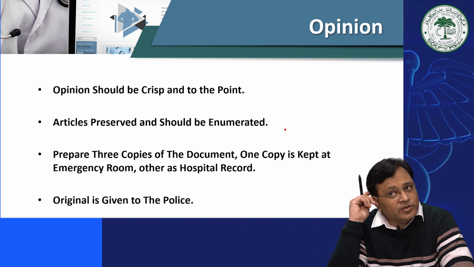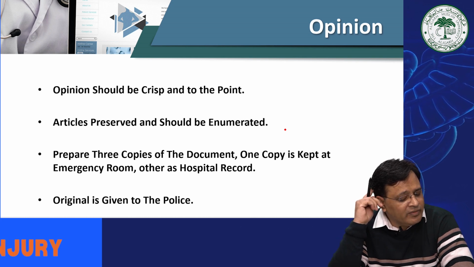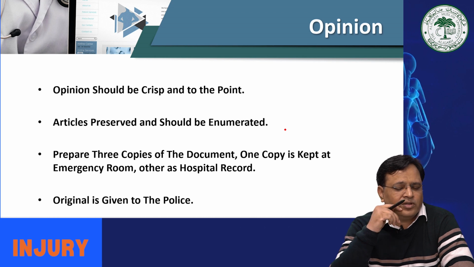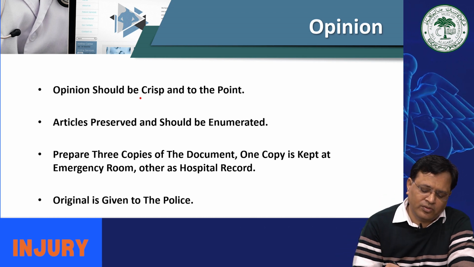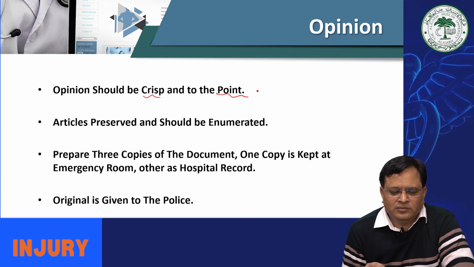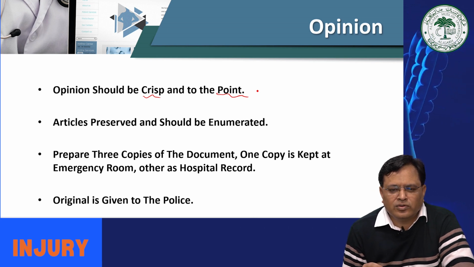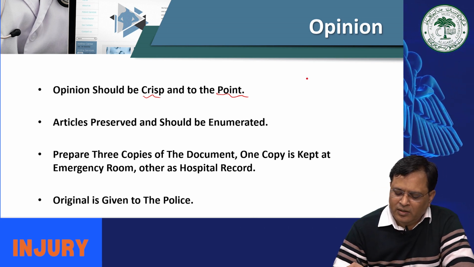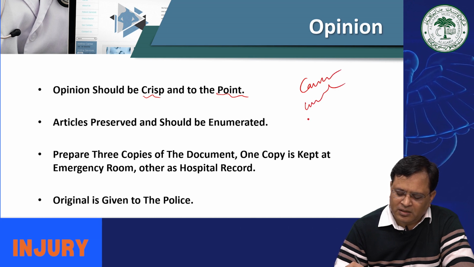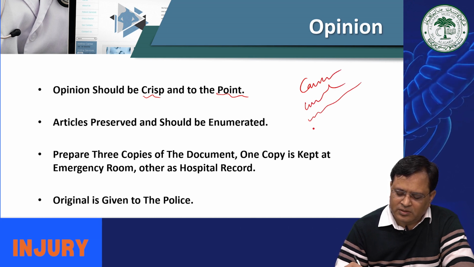Opinion: on opinion we should be very clear, crisp and to the point. We should not write what I see most of the time: that the cause could not be ascertained, and opinion cannot be drawn.